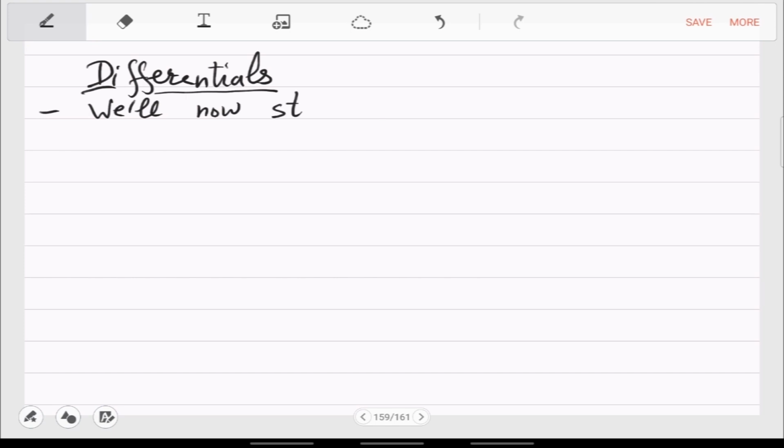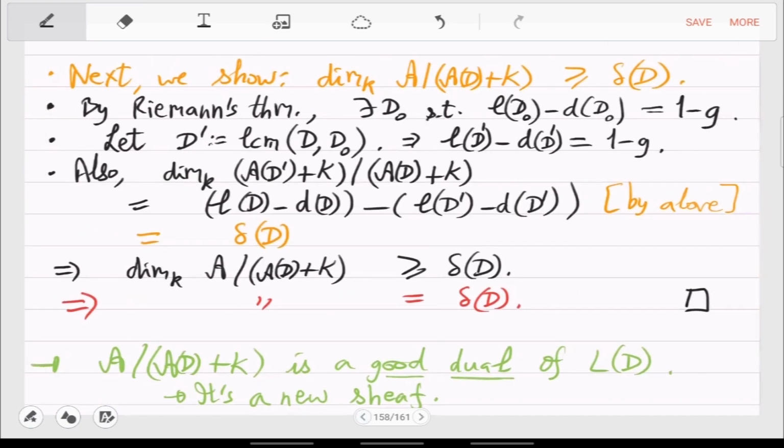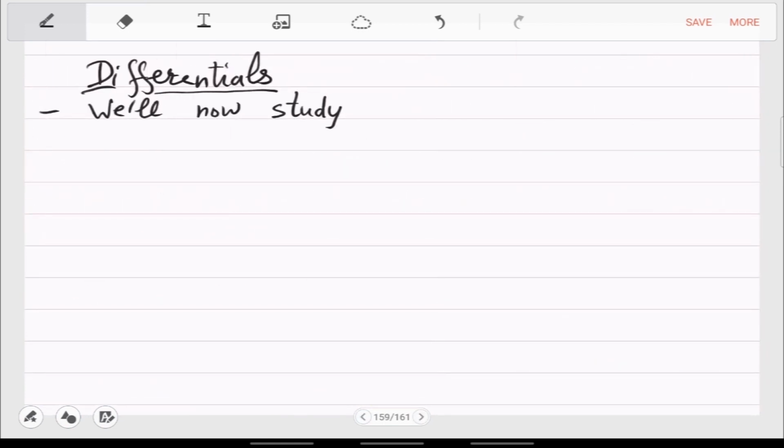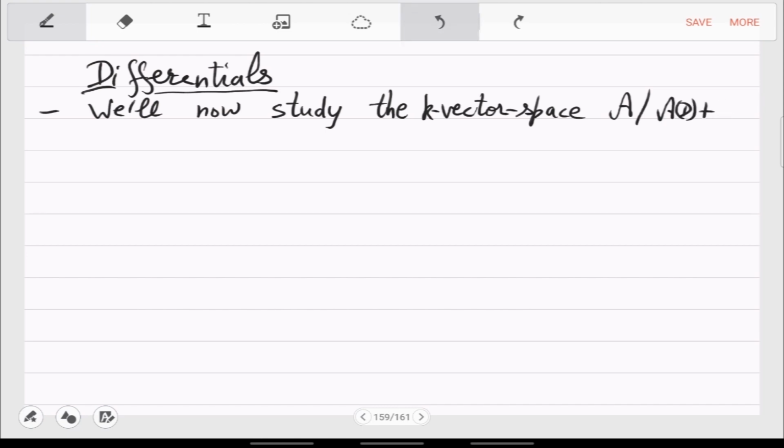So we'll now study this object A mod AD plus K, the K vector space, because this is finite dimensional, via its dual.